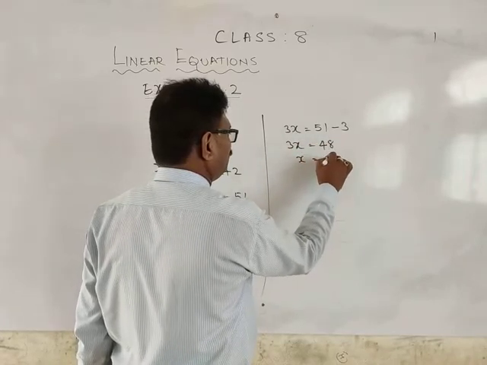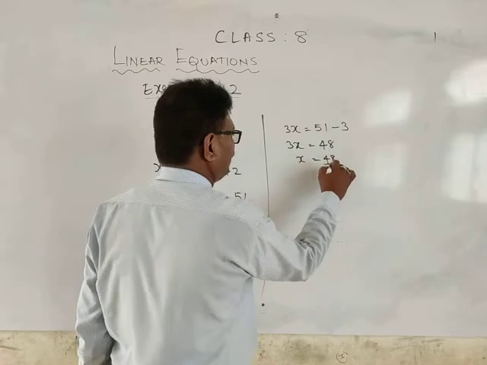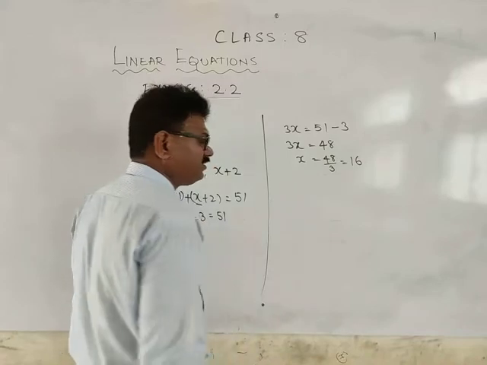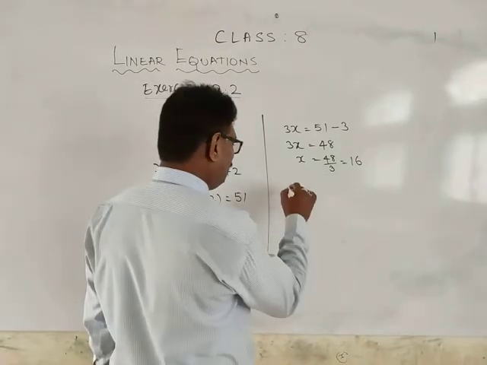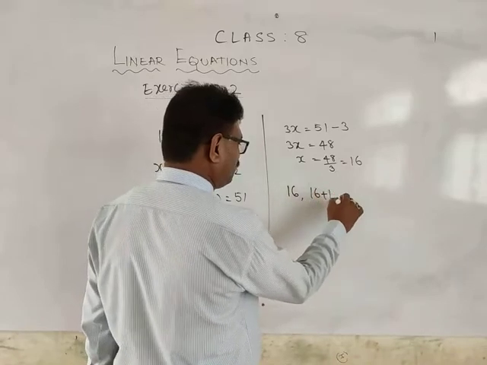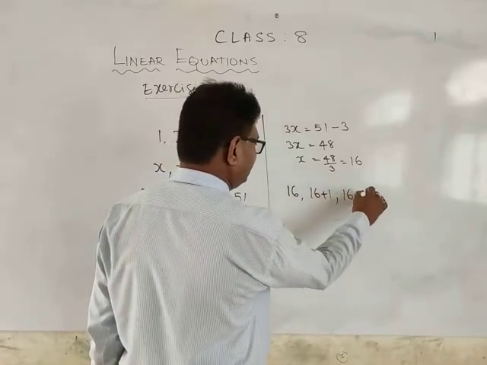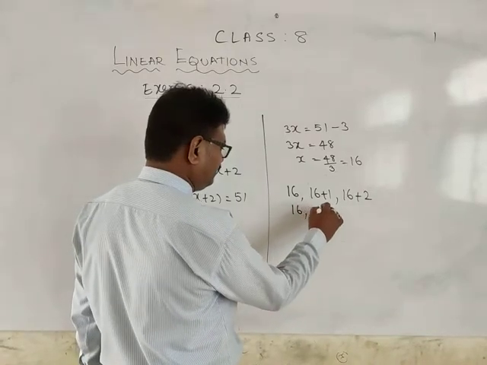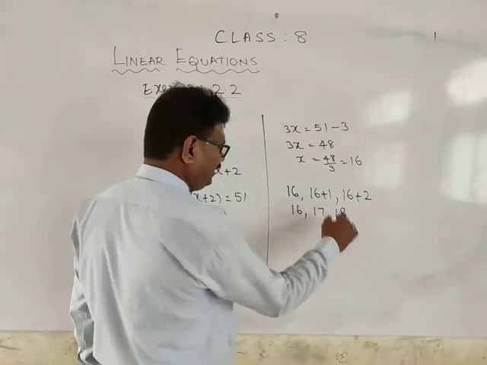Therefore x equals 48 divided by 3, it will become 16. Did you understand? Now first one is 16, second one 16 plus 1, third one 16 plus 2. That means 16, 17 and 18.